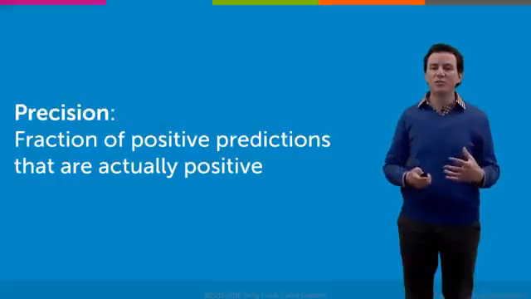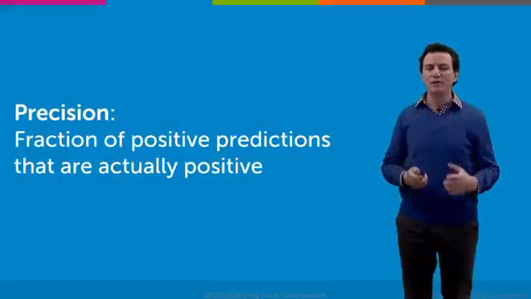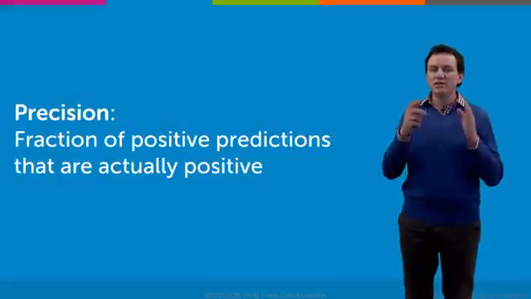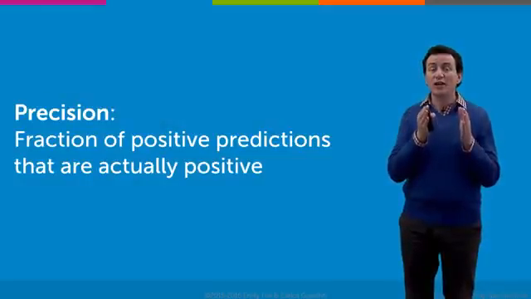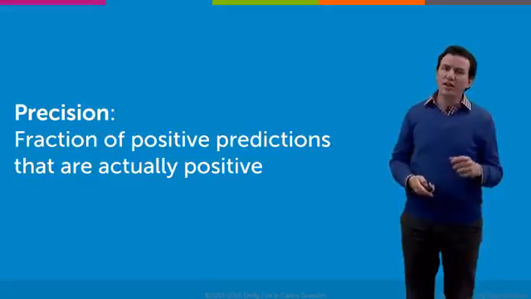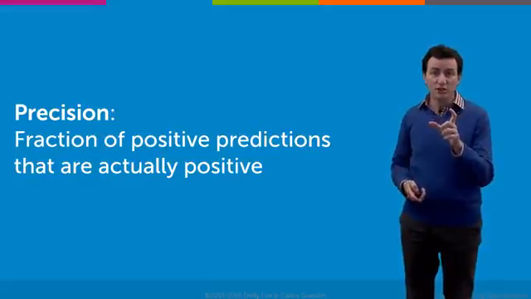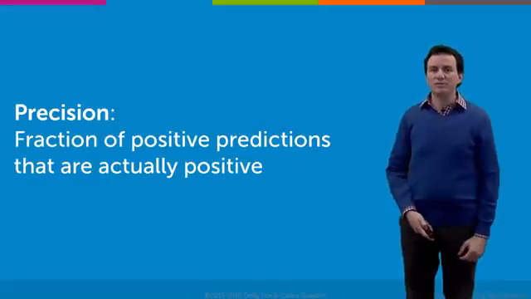We're going to start by defining this idea of precision a little bit more formally. Precision is, of the sentences that showed on my website, which fraction were actually positive. In general, it's the fraction of positive predictions that are actually positive.